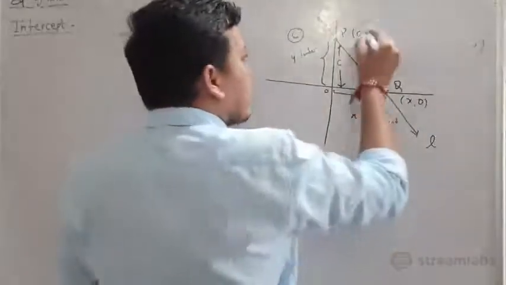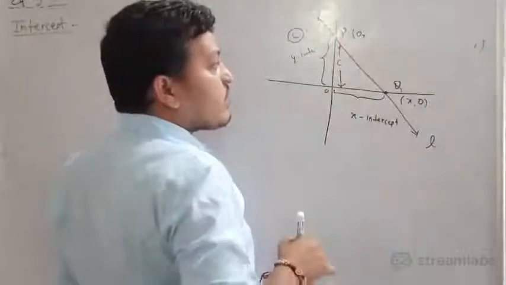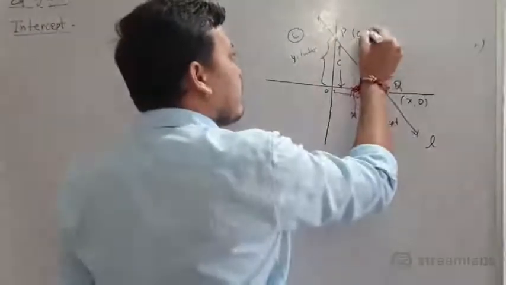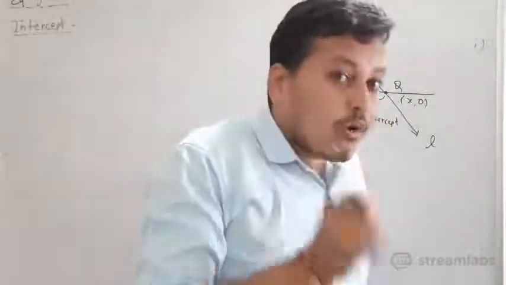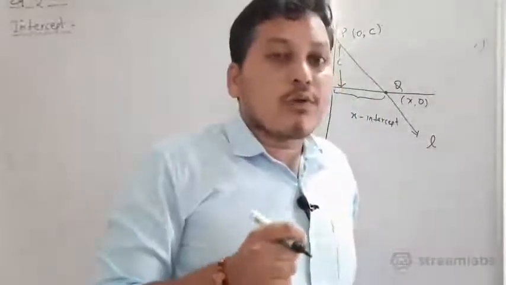So the y-intercept is c. What will be the coordinate of this point? Because the distance from 0 to P is c, it will be 0 comma c. Listen at this point: normally c is denoted for the y-intercept.